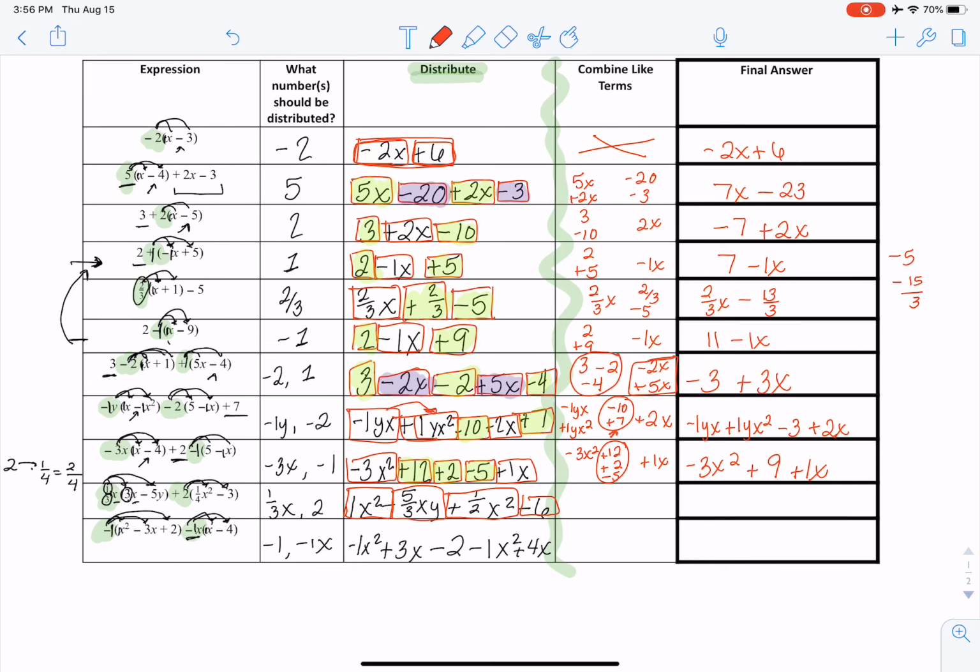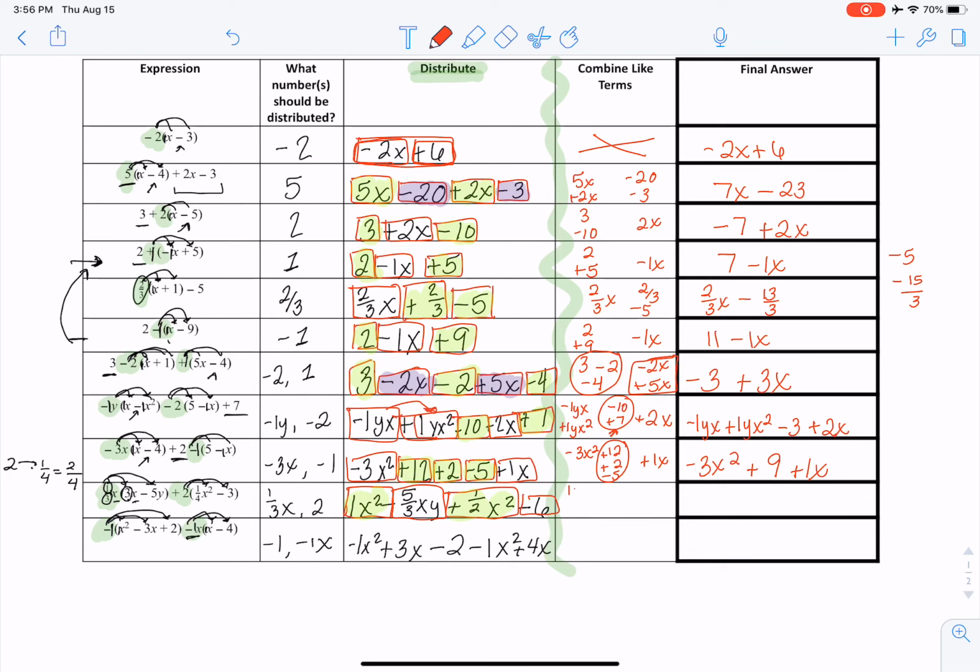The only things we can group together here are the 1x squared and the plus 1/2 x squared. And the only reason those are the only things we can group is because they both have x squared, okay? So when we make our groups, we have a 1x squared plus a 1/2 x squared. That's one group.